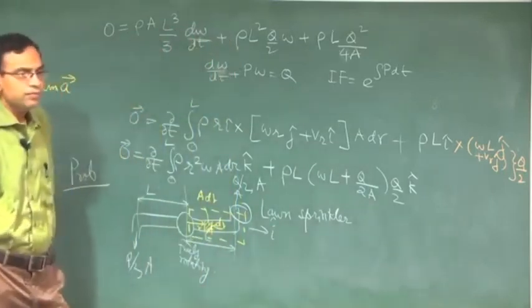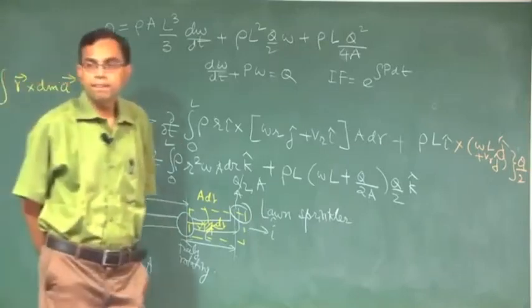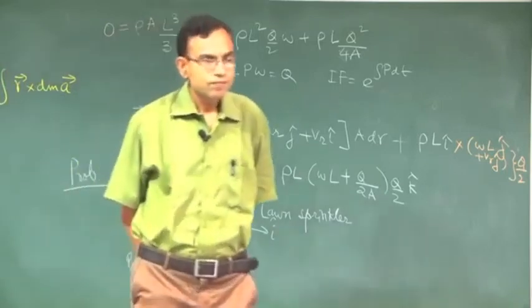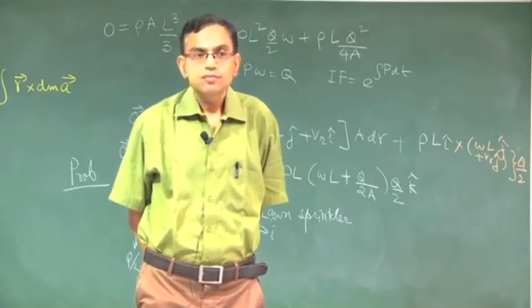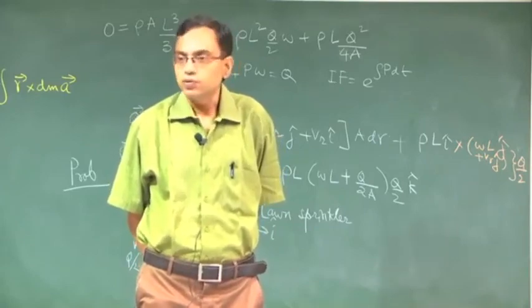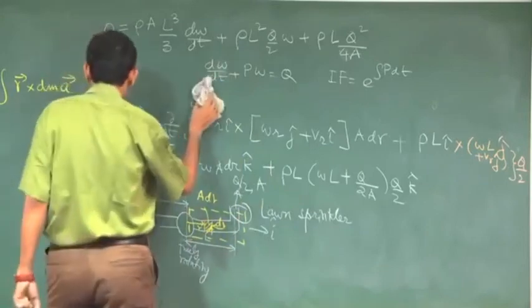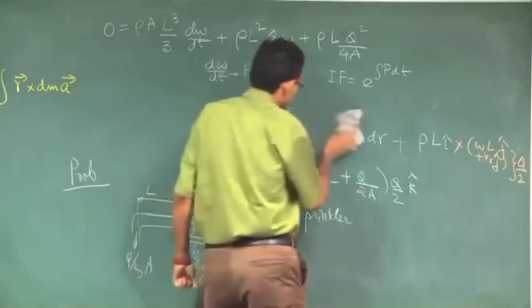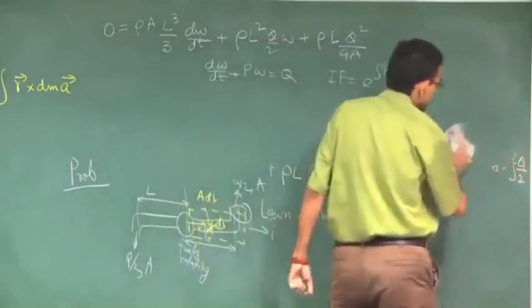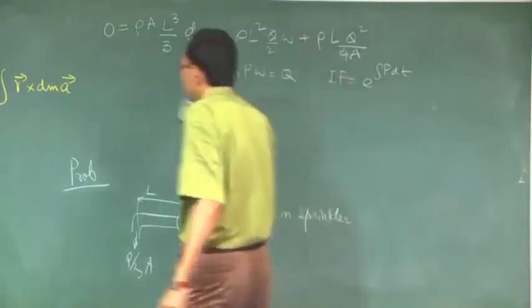So then the next question is, can we solve this problem by assuming that it is an accelerating control volume? So how do we take that into account? So same problem, method 2.